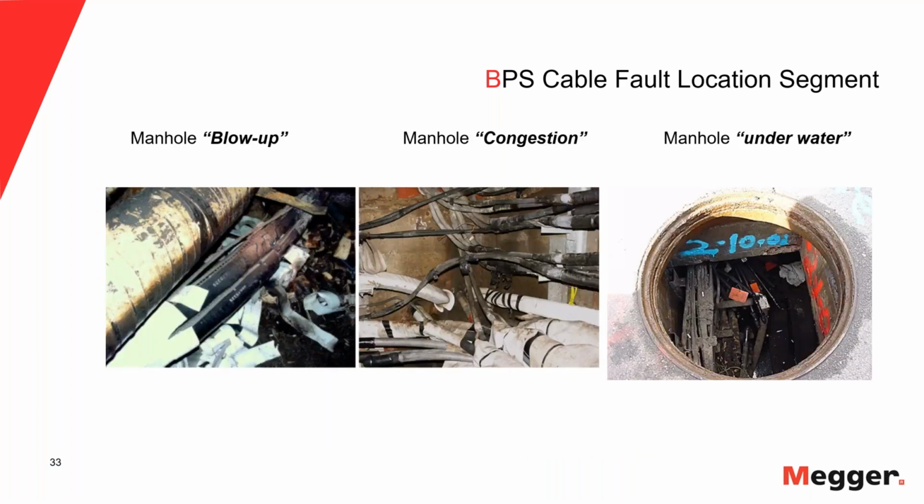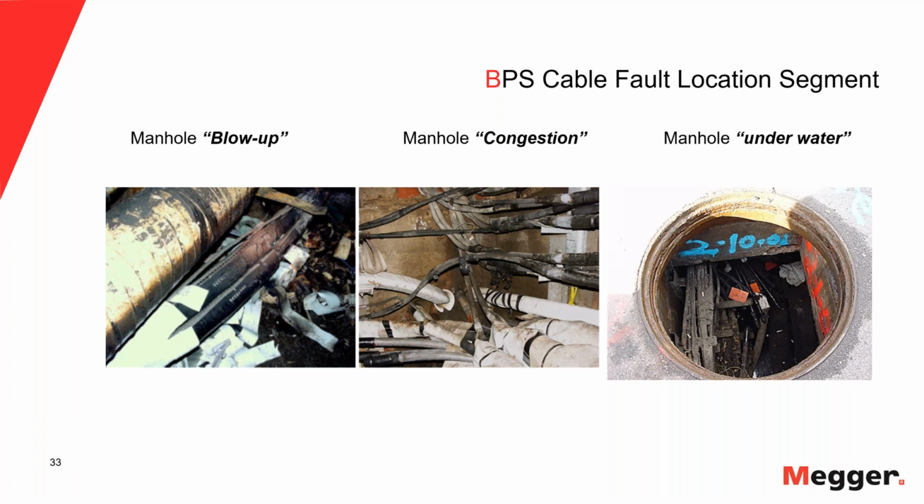Now, probably you have all seen this. On the left side, you see a typical blowup in a manhole, and you see all this white tape. This is normally tape that's protection to prevent fires from catching onto other cables when one cable blows up, and it did a good job here. Then you see the congestion in the manhole that Marshall was already pointing out, so these are very complex manholes.